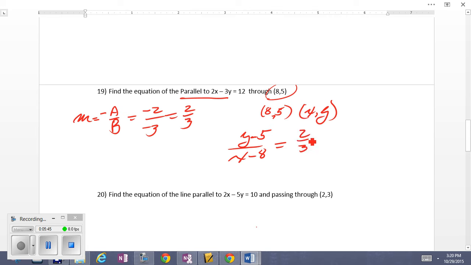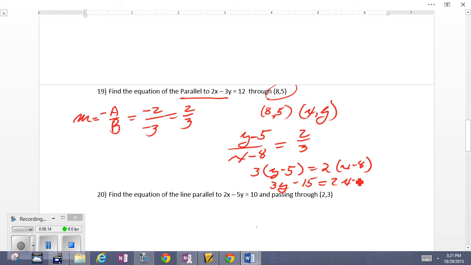We cross multiply, which of course means the denominator of one side multiplies the numerator of the other side and vice versa. So when I do that, I've got to distribute, so I get 3 times y minus 5 is equal to 2 times x minus 8. And I distribute: 3y minus 15 equals 2x minus 16.